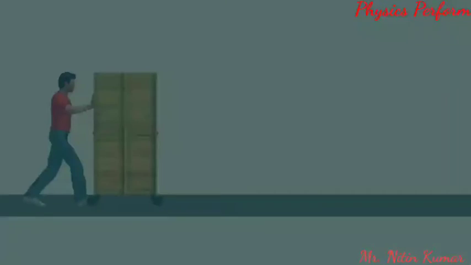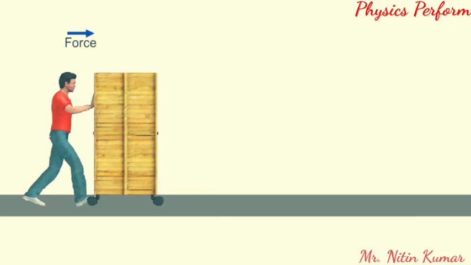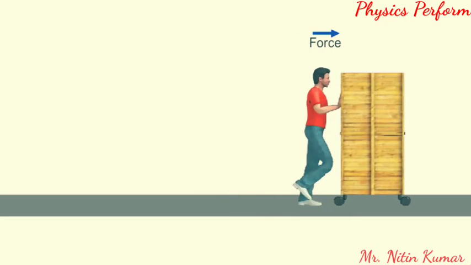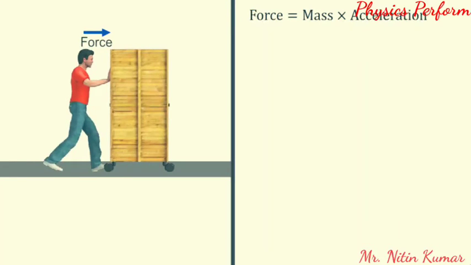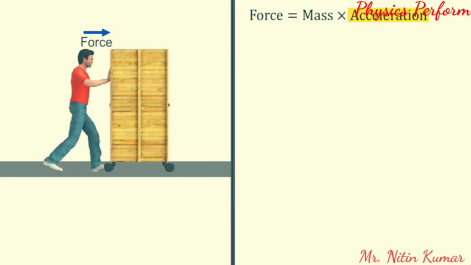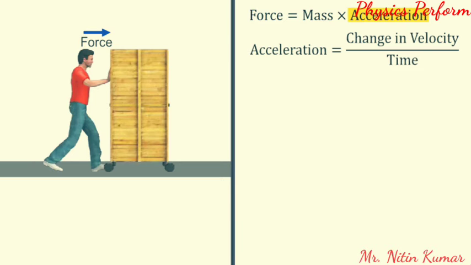For example, consider the quantity force. Force is the product of mass and acceleration. Mass is a base quantity, and acceleration is a derived quantity, which is the ratio of change in velocity to time. Velocity, which is also a derived quantity, is the ratio of displacement to time.